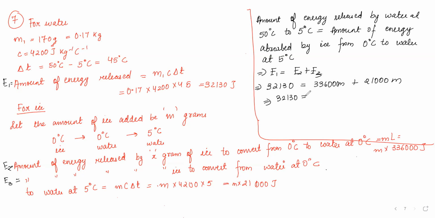So this is 32130 is equal to 357000 M. So M will be equal to 32130 divided by 357000.